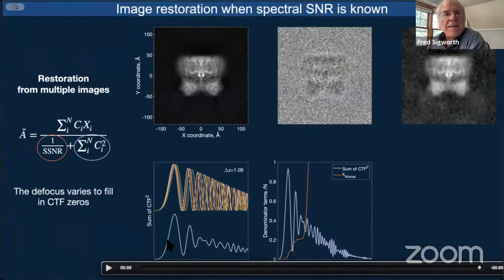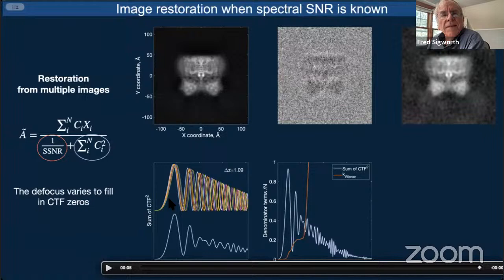So anyway, I'm going to watch these quantities accumulate. So here are the individual CTF squared values. Because I'm doing this at a range of different defocus values, when I sum them together, I get something that doesn't oscillate quite as badly as the original CTF.